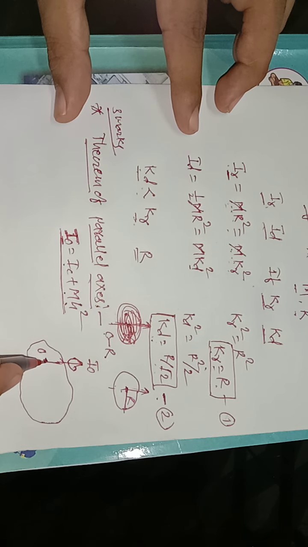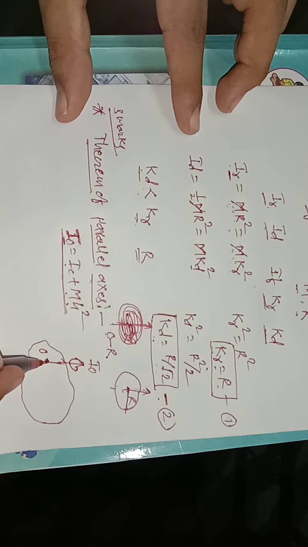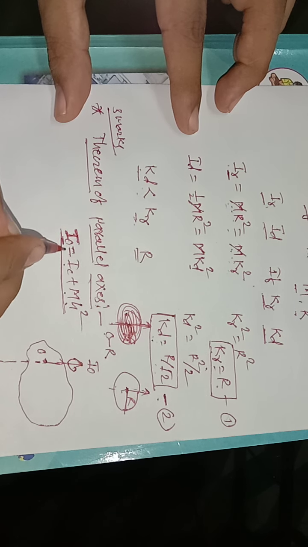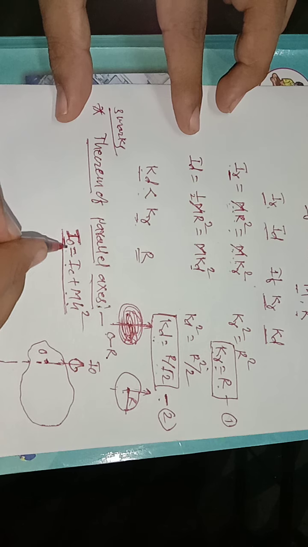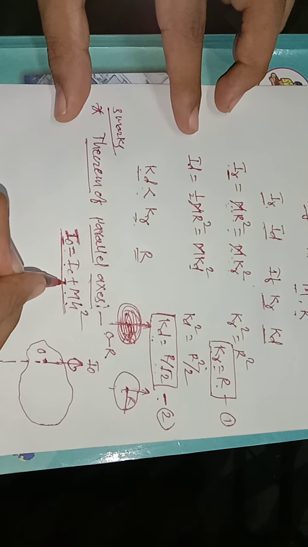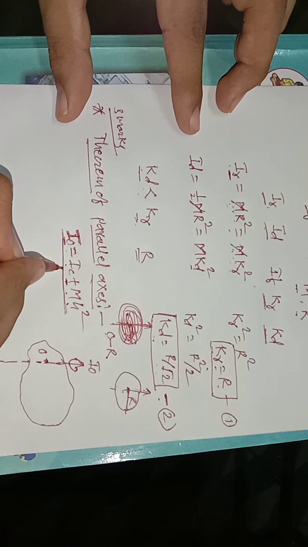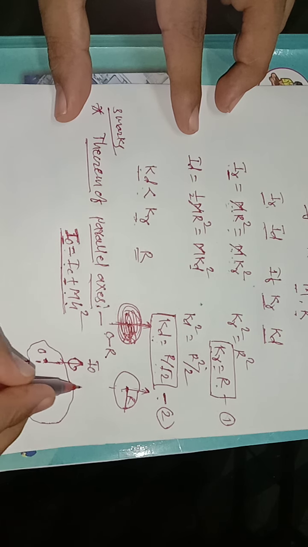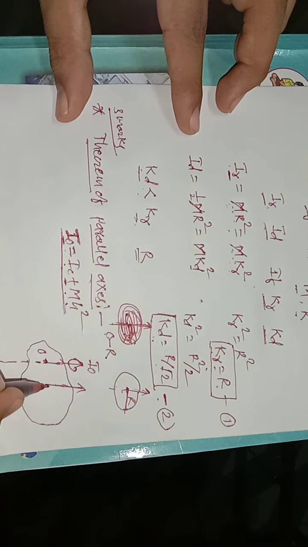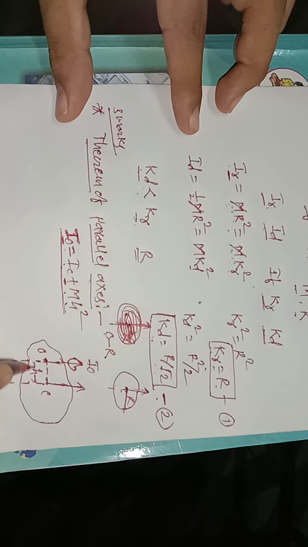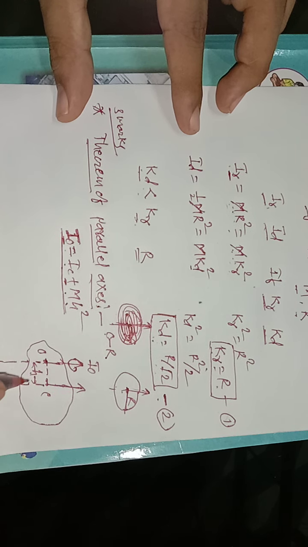The moment of inertia of an object about any axis is always equal to the sum of the moment of inertia about a parallel axis, which is passing through the center of mass C of that object, and this distance OC is equal to H. H is the distance between the 2 parallel axes.